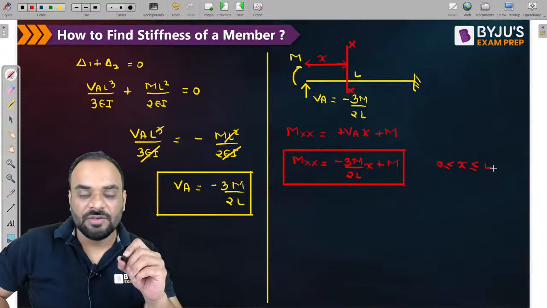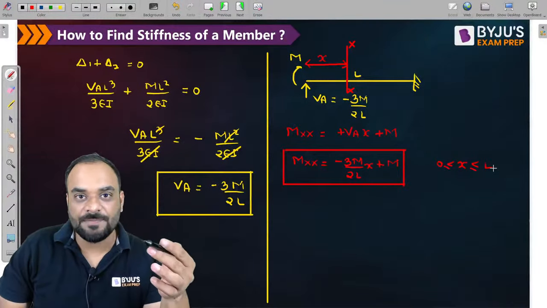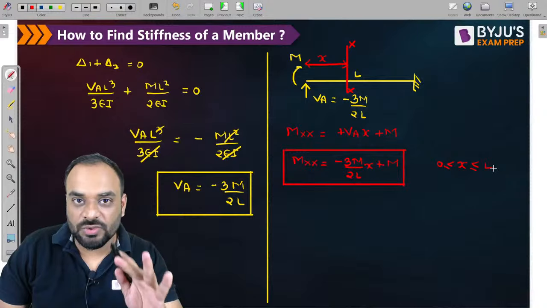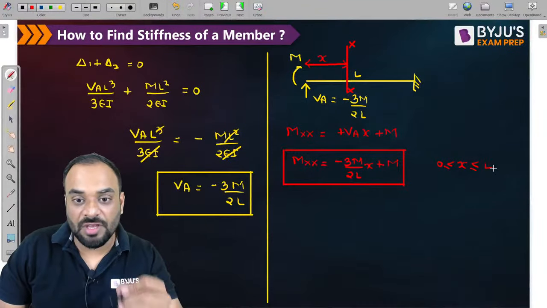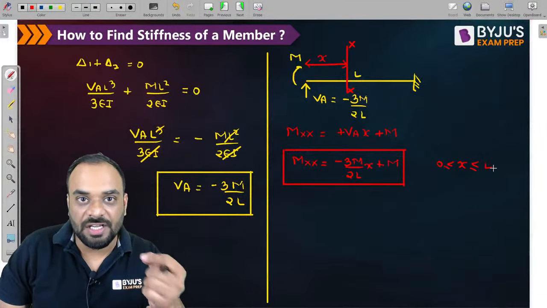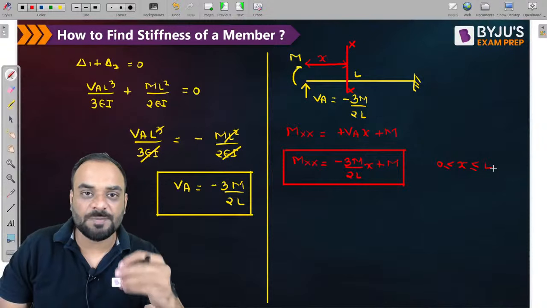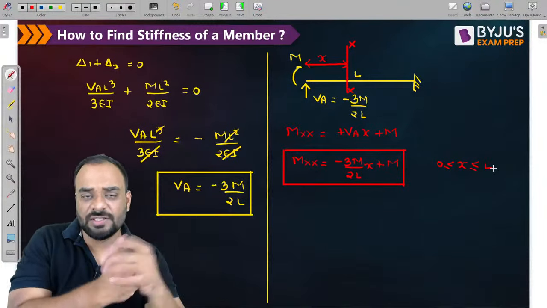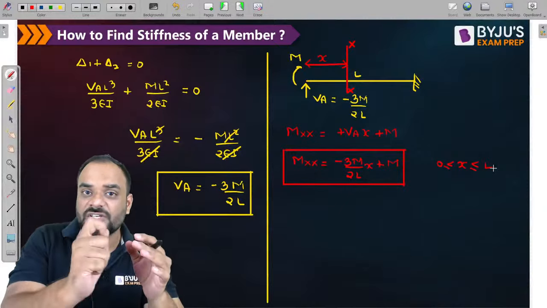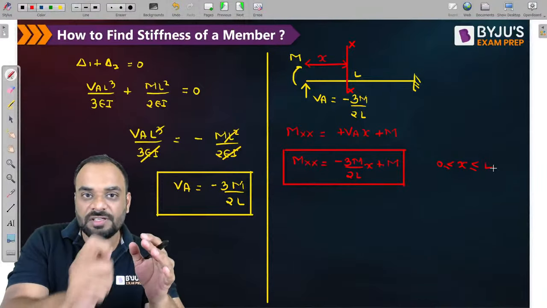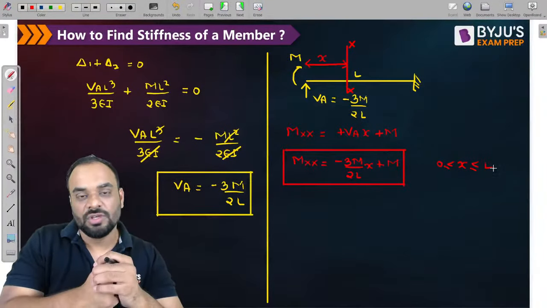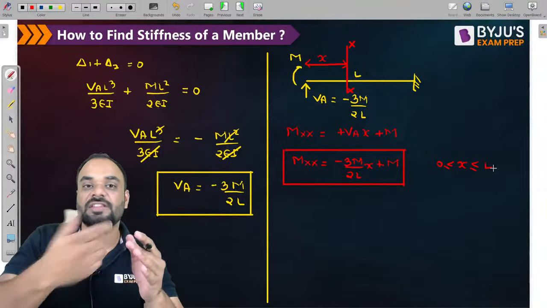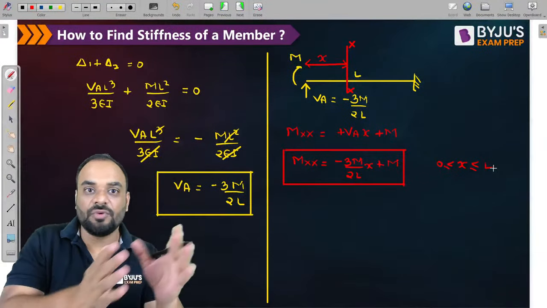Now guys, we'll use the concept of strain energy, and at the same time we will apply Castigliano's second theorem, by which we are able to get the value of theta A. And you know that as per Castigliano's second theorem, if you calculate the total strain energy of a structure and take the first partial derivative of that strain energy with respect to any force, you will get the displacement produced by that force in the force direction.